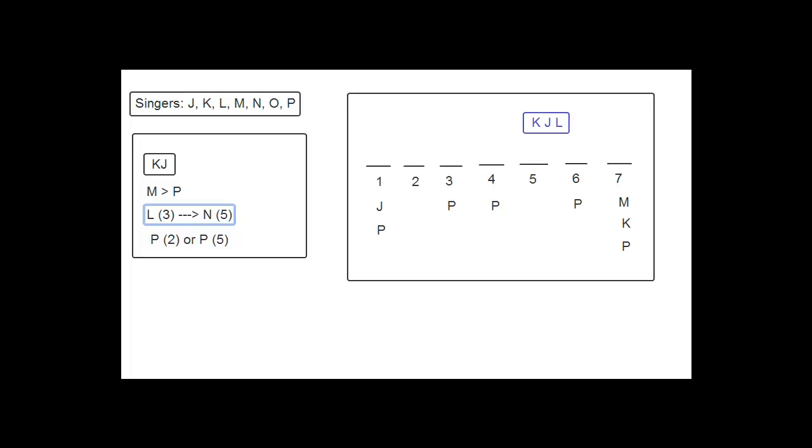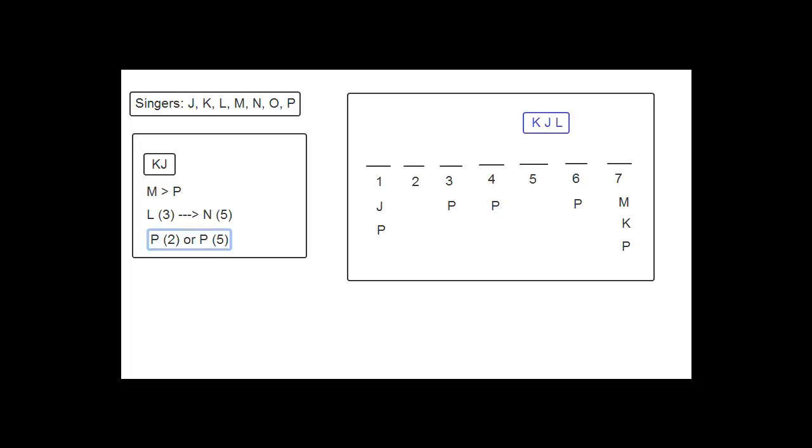Now that by itself isn't a problem. The only thing is let's look and see if, because we could put K in 1, J in 2, L in 3, and then put N in 5. But if we look a little closer, then we see that that does create a problem for the P, right?